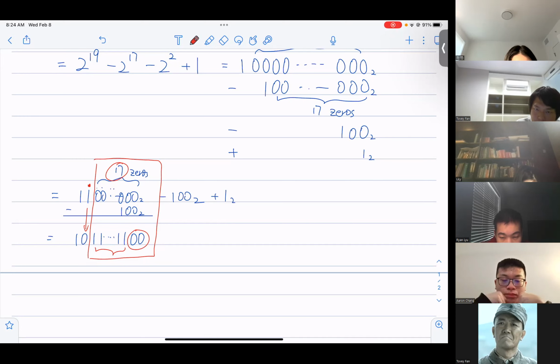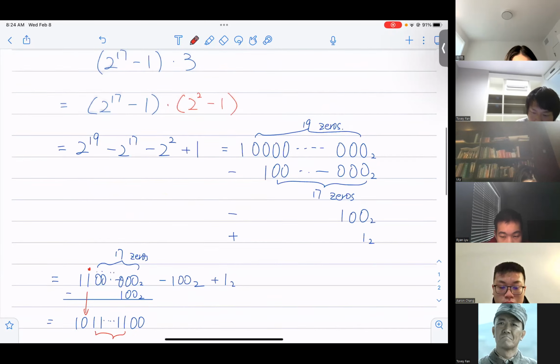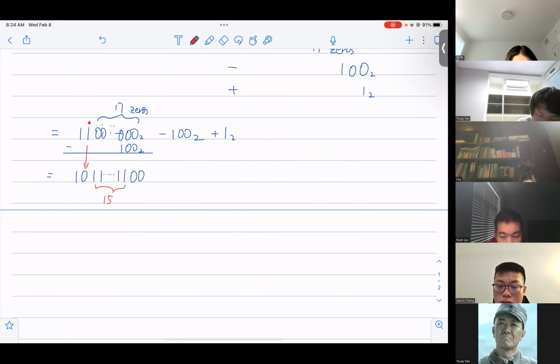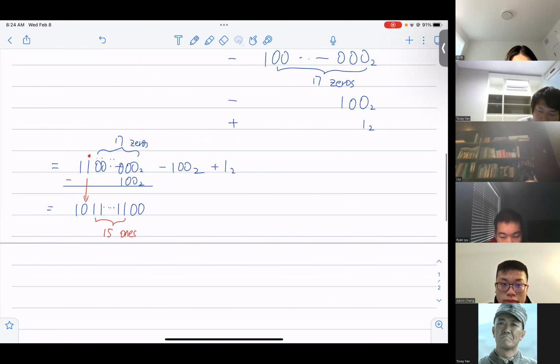So that means you have 15 ones here, sorry, not zeros, 15 ones. And then you have 2 zeros, so that in total you have 17 digits. And remember, you have 17 zeros in the beginning, right? So I think that should make sense.